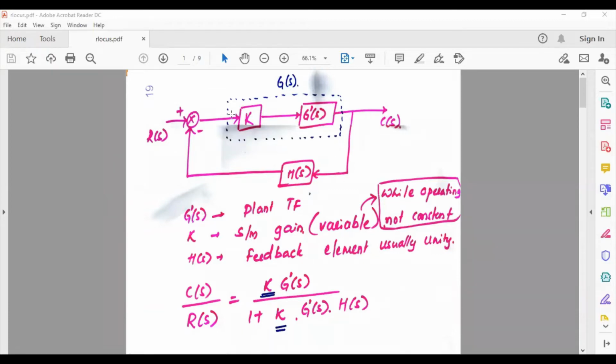In addition to that, I have defined K, which means you can take your pedaling speed as a gain factor or system gain. If you start operating your plant, obviously the speed of your bicycle will vary, depending on the situation and the road condition. When you encounter different road conditions, your pedaling effect will change accordingly.